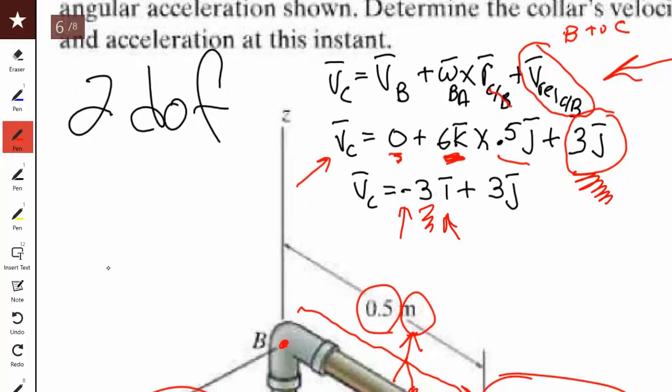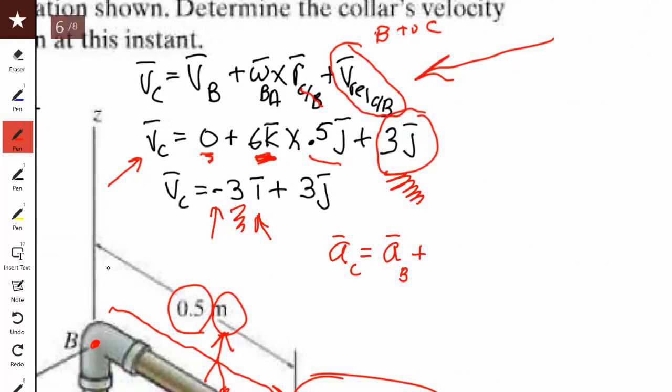So what I'm going to do is, now that I've done the velocity equations, I'm simply going to mimic the velocity equations and write the acceleration. So I'm going to write the acceleration of C equals the acceleration of B plus, instead of being omega cross r, it's now going to be alpha, the angular acceleration of the body that they happen to share, cross r.